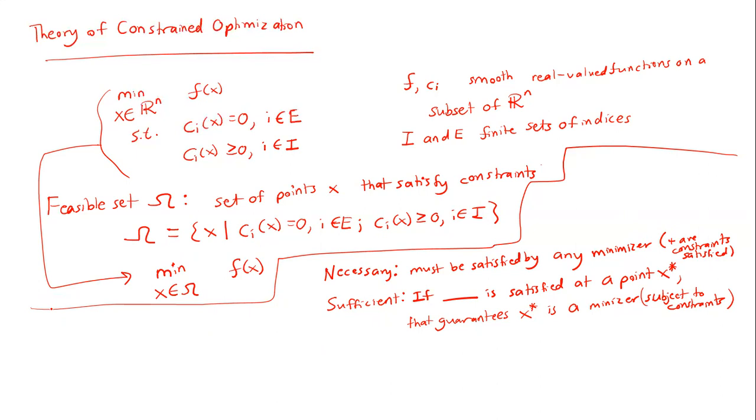As a reminder, what did we have for the unconstrained case? For the unconstrained case, our optimality conditions were as follows.